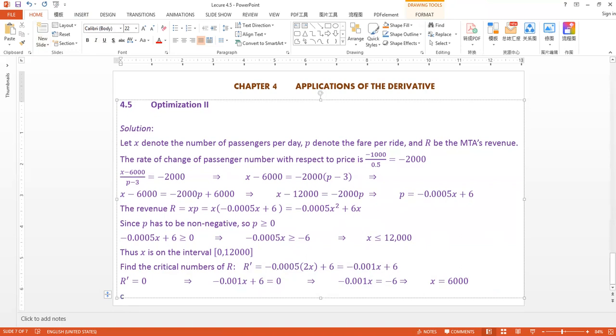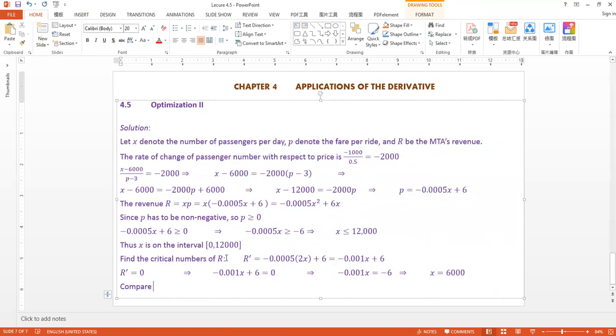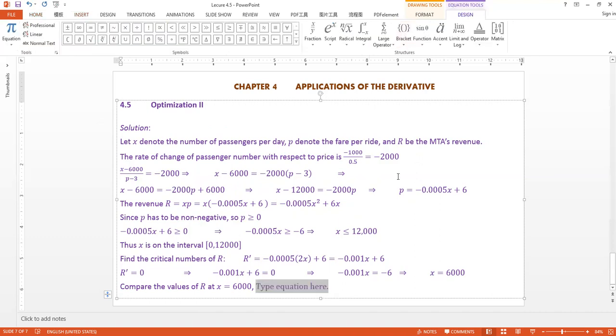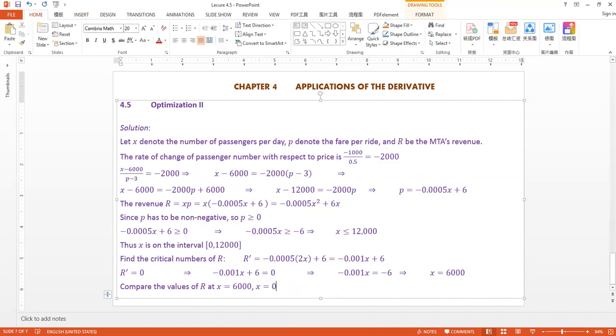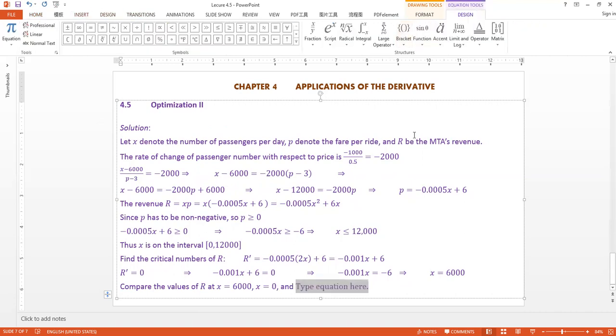So compare the values of R at the critical number x equals 6,000, x equal to 0, and x equal to 12,000.